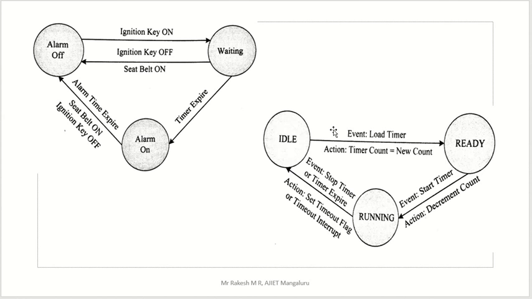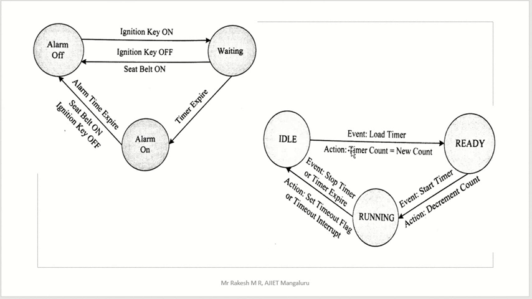Again, initially you are in the idle position. When you are in idle, you are inside the vehicle, and you open your door. Consider you are opening the door of the car, suddenly your timer will become active. That is the event, load timer.